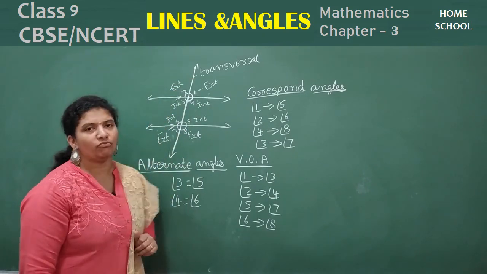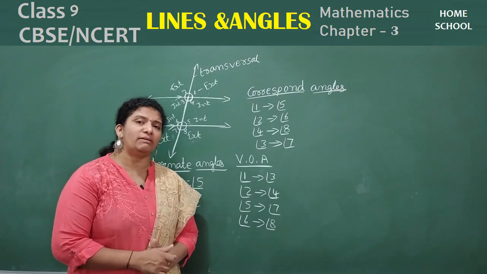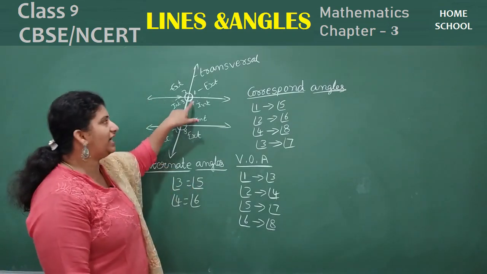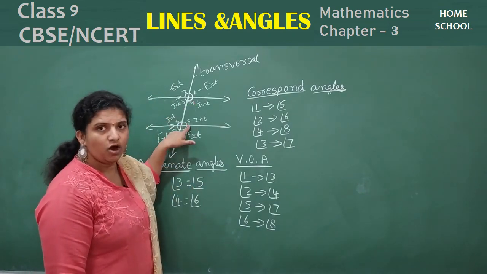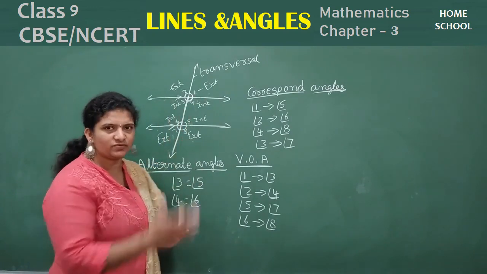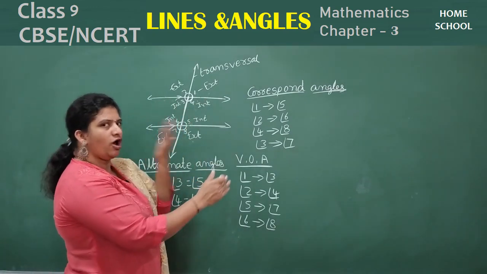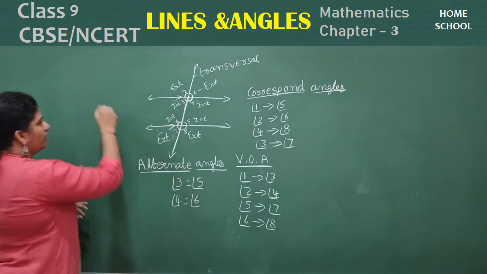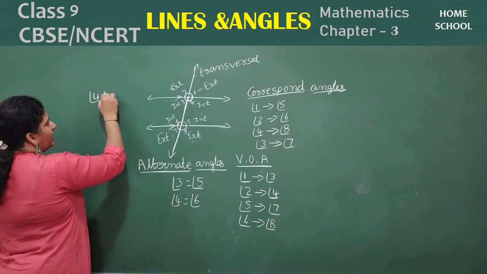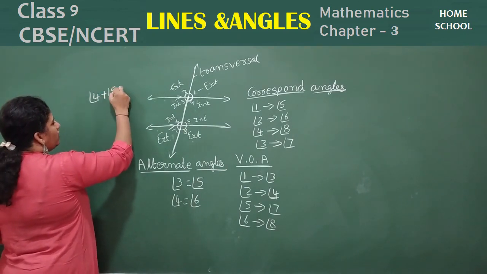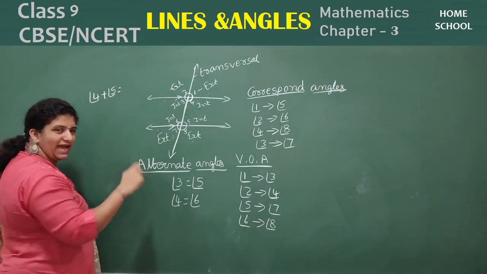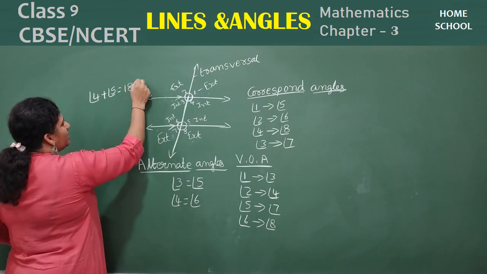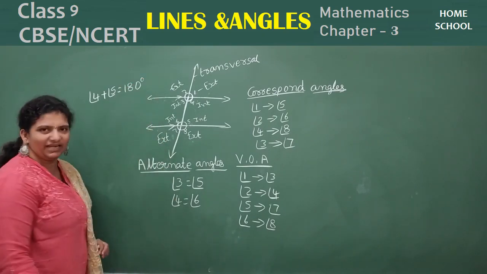So one more very important statement we need to remember here. The sum of the interior angles on one side of a transversal, either this side or this side. So that means, look here, children, the sum of the interior angles on one side of a transversal is always 180 degrees.